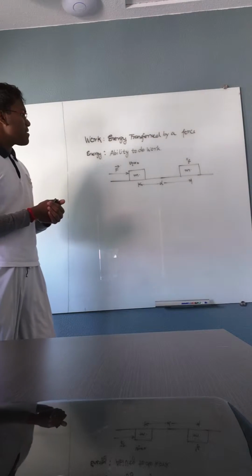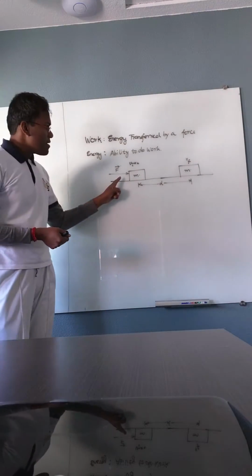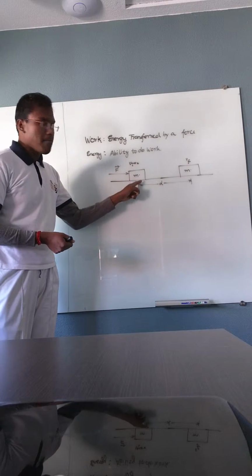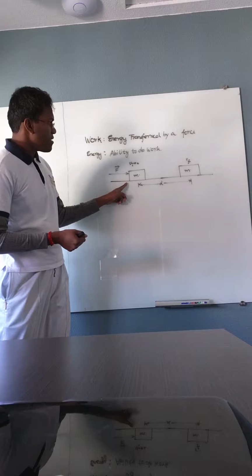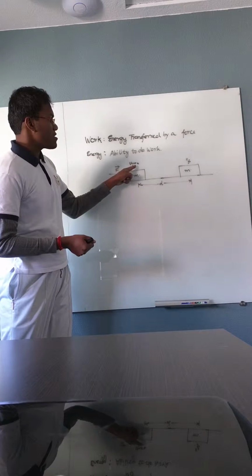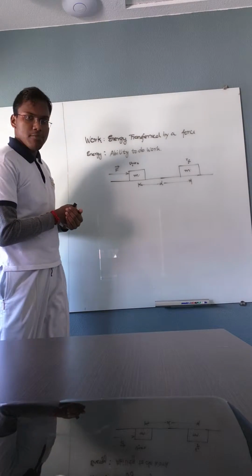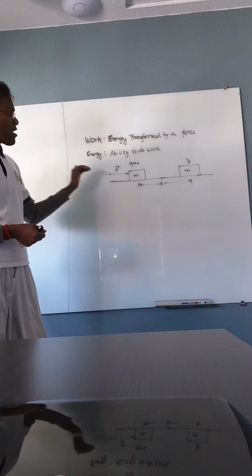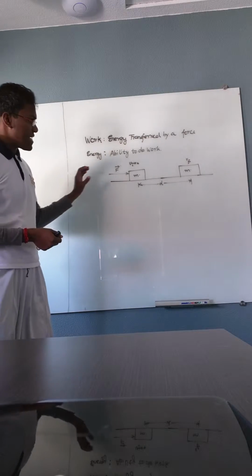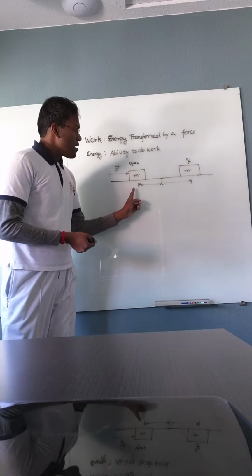So let's consider this example here. We have an object of mass m, and the object is initially stationary, which is denoted by its initial velocity being 0. Now to this stationary object I apply a force F newtons, and because of this F newtons the object accelerates and it moves.